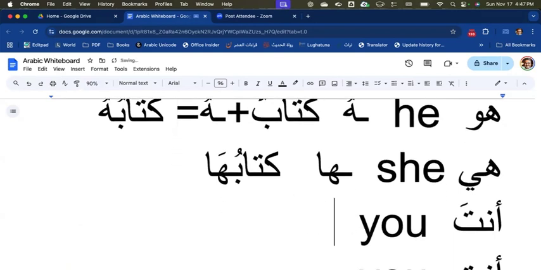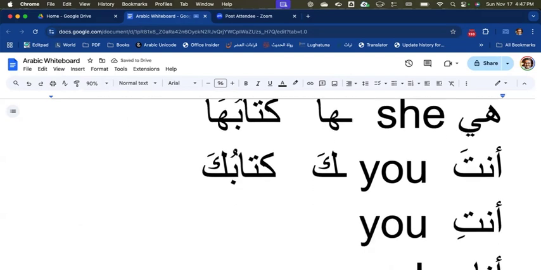Okay. And anta, this is something you just have to memorize. It's ka. So book of yours for a guy, kitabuka. Okay. And for a female, this is easy to remember.